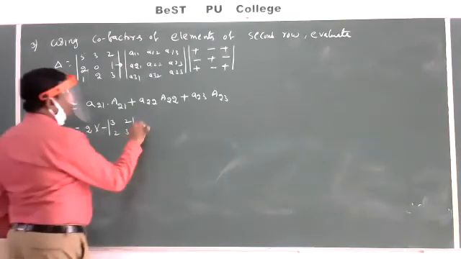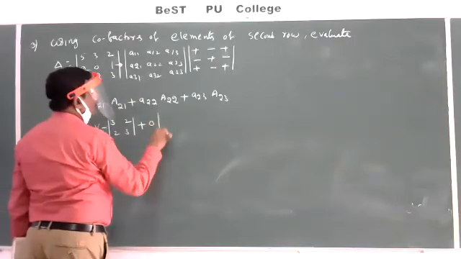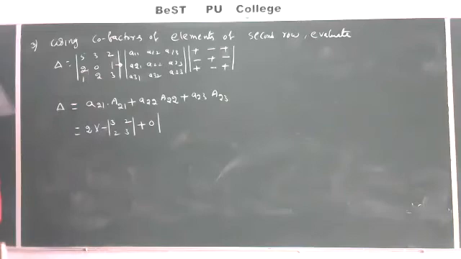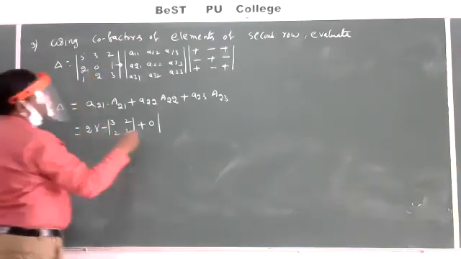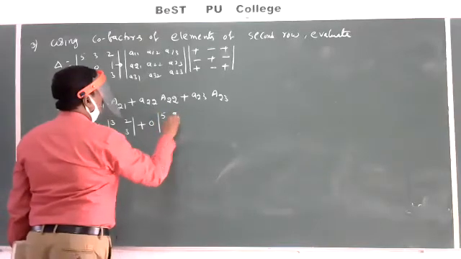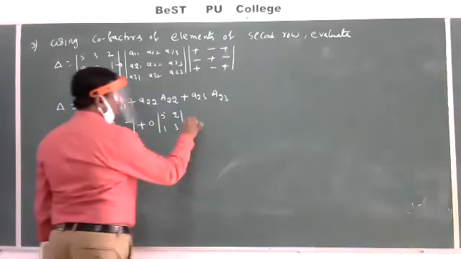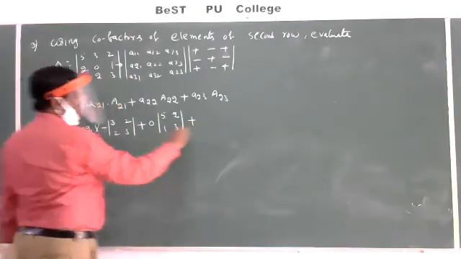Next a22, the element is 0. a22 means plus sign, leaving second row and second column: 5, 2, 1, 3. Next plus a23, the element is 1.